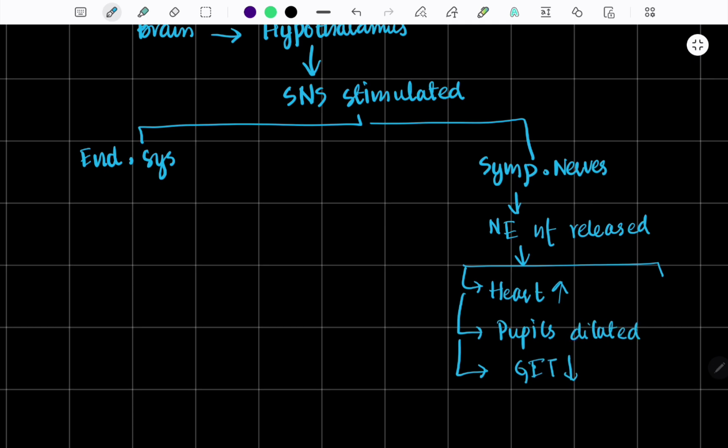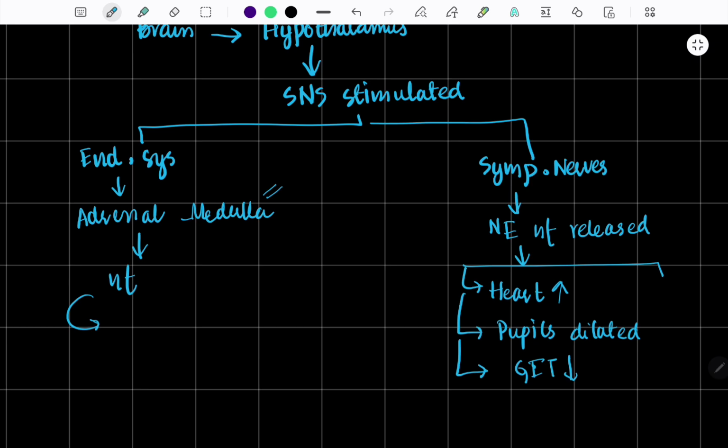So when we talk about the second system, that is the endocrine system, the information is sent to the adrenal medulla, and I already told you in the previous video that the adrenal medulla does not possess any postganglionic fiber. Only the preganglionic fibers directly stimulate the adrenal medulla, and that causes the release of neurotransmitters.